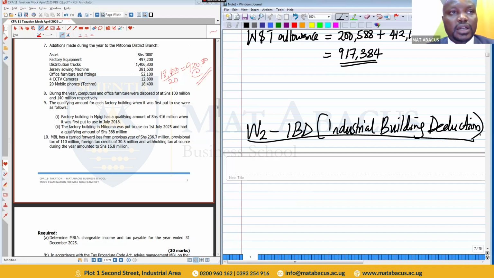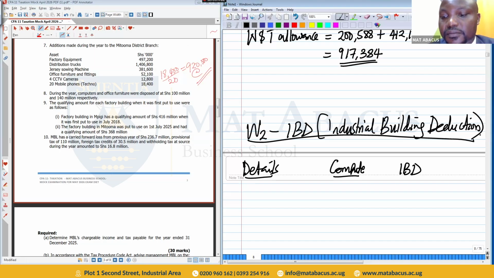So then we use a customer table which will have details, then computation, then we shall have IBD. The first one, they are telling us it was first put to use in February. We have a factory in PG, which has the qualifying amount of 416,000.